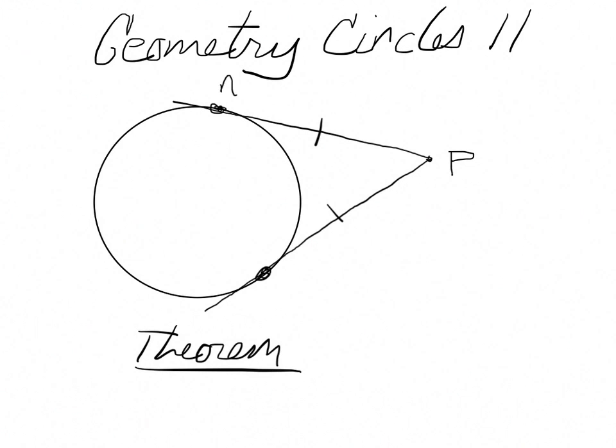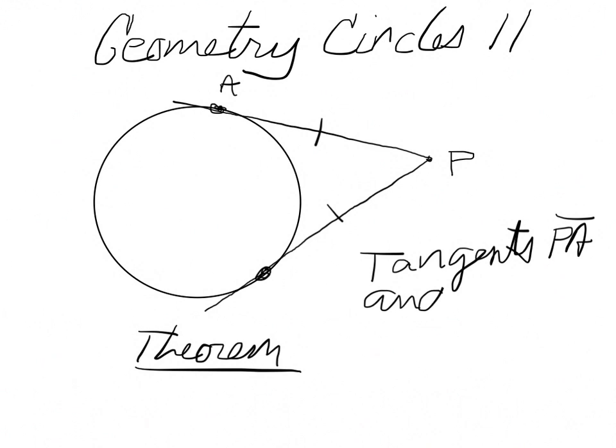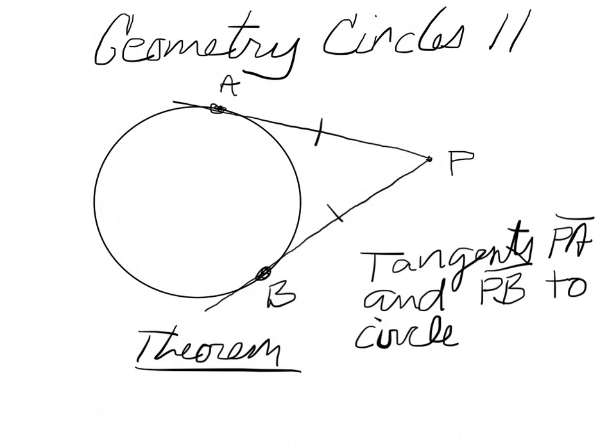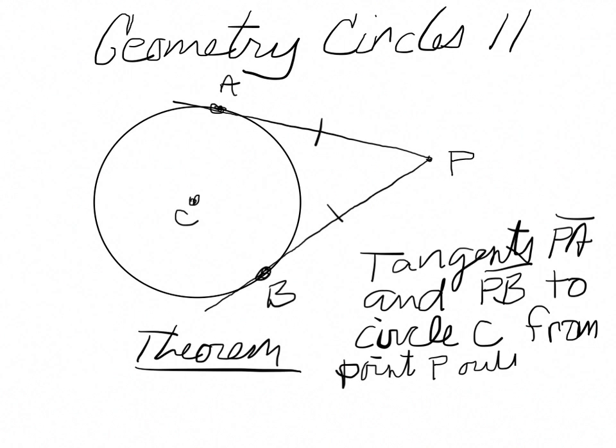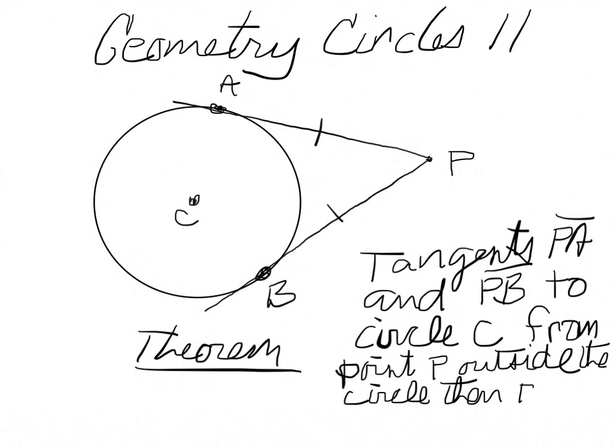If I have tangents PA and PB to circle C from point P outside the circle, then PA is congruent to PB.